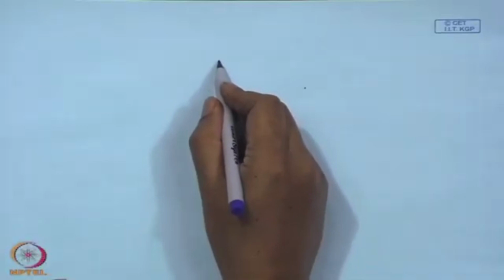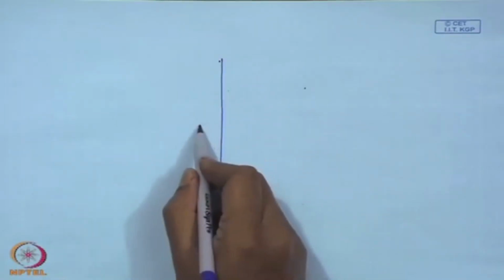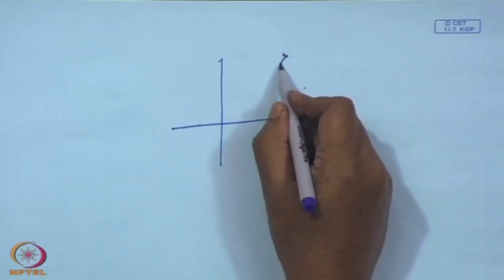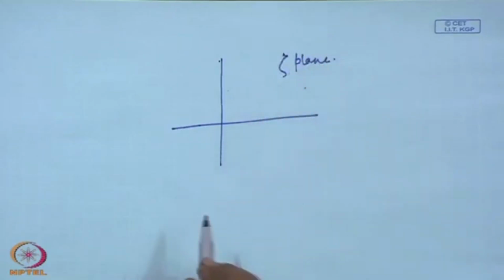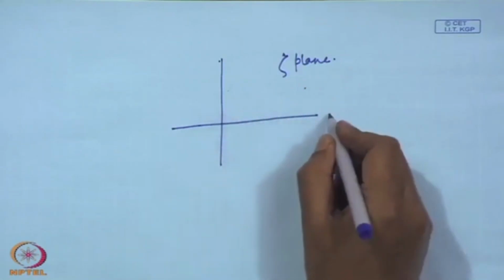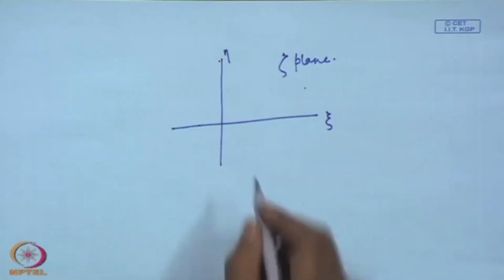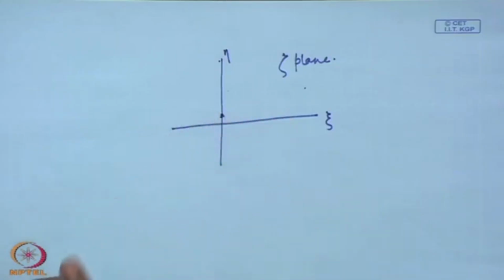Let us take the circle plane or zeta plane. The center is not at the origin, but somewhere here. Okay. This is the center.